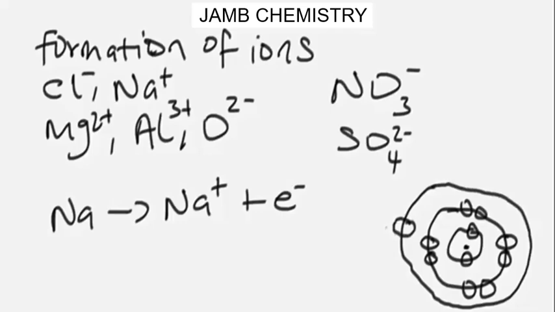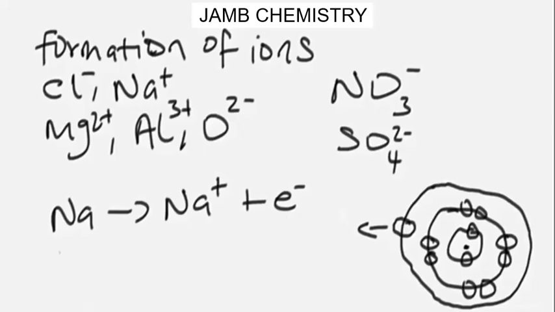So this sodium will lose this electron here to form a single charged ion with the same electronic structure as neon, because neon has 10 atomic number. So the 2 will be in the first shell, the remaining 8 will be in the second shell, making it to be stable. Alright, so that's basically what is happening here.